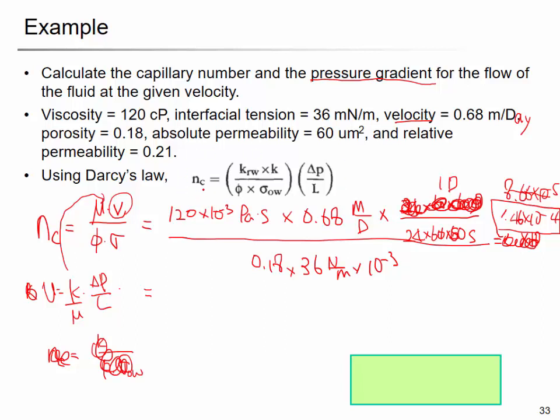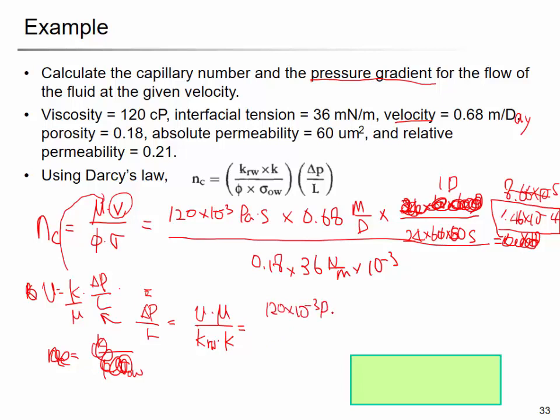Then delta P, so we want to get the pressure gradient, delta P over L. I think we can get it from here directly, right? Velocity times mu over K, r_w times K. Yeah. So then, just the same, right?